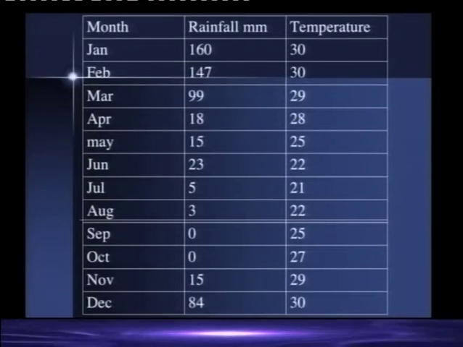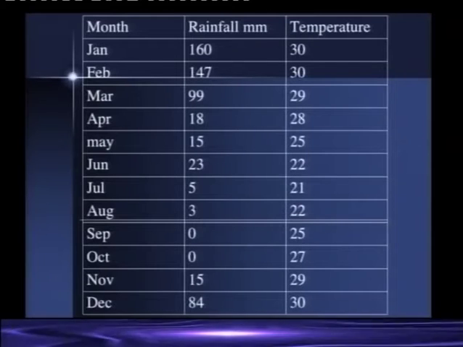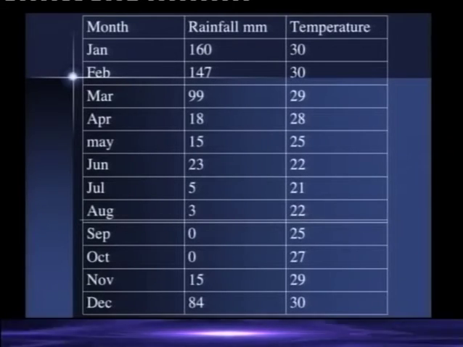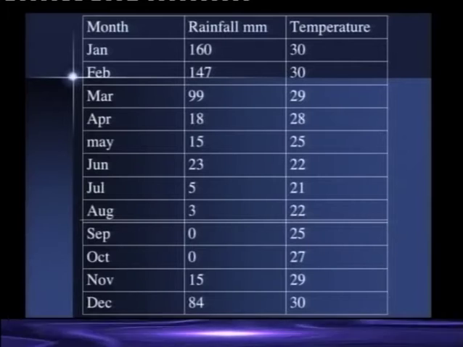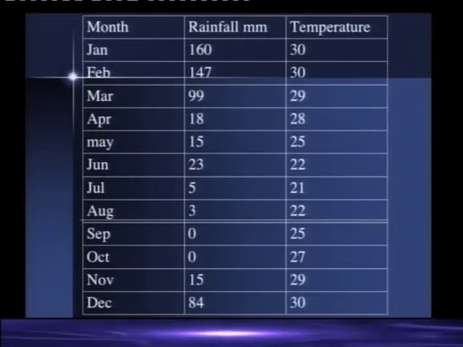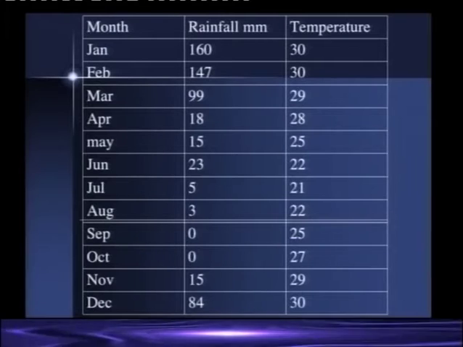If you cannot see from the back, this table shows the data, the monthly figures for the rainfall and temperature readings. These readings are for a place in Australia, Western Australia.